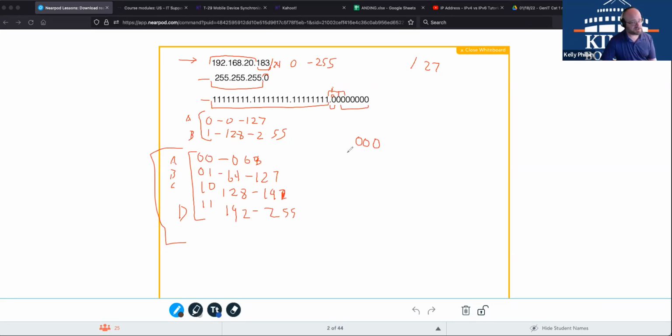It helps if you do these in order because then it makes it easier to break stuff down. 0, 0, 1, then 0, 1, 0, then 0, 1, 1.